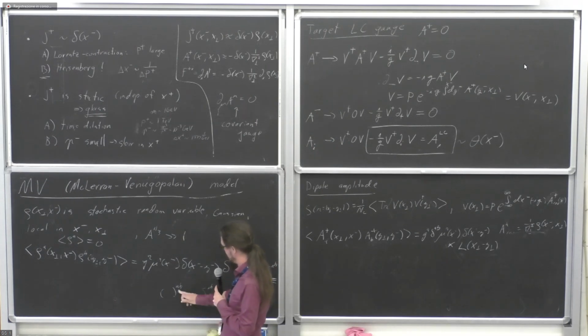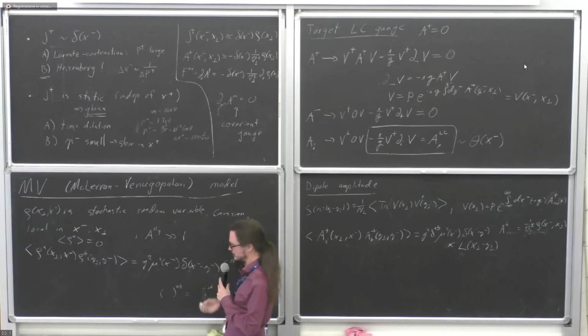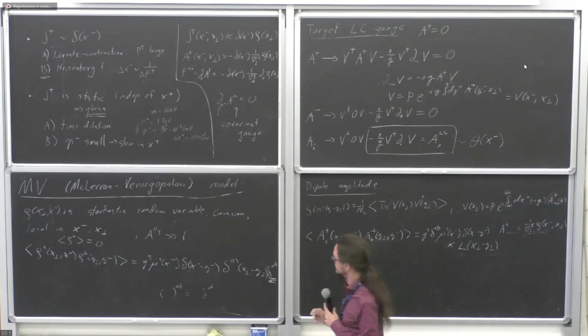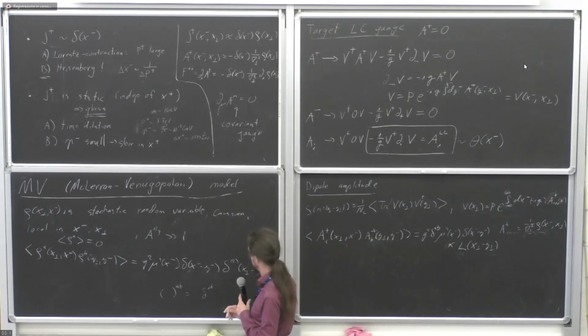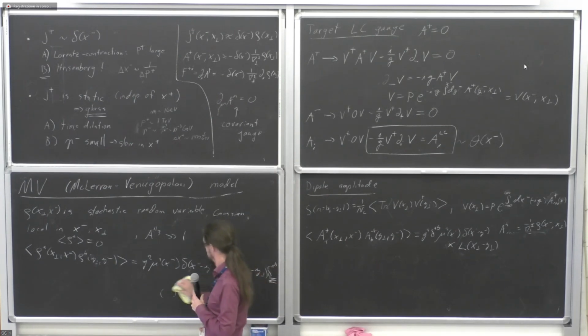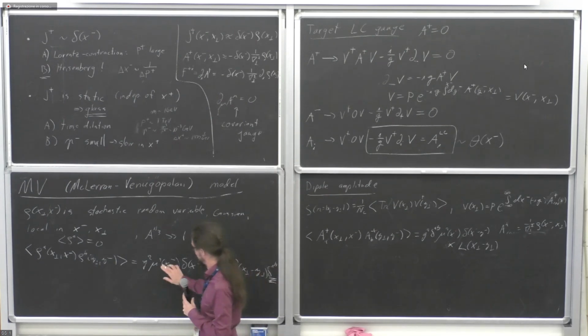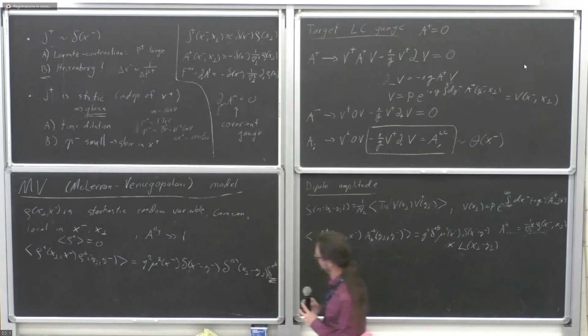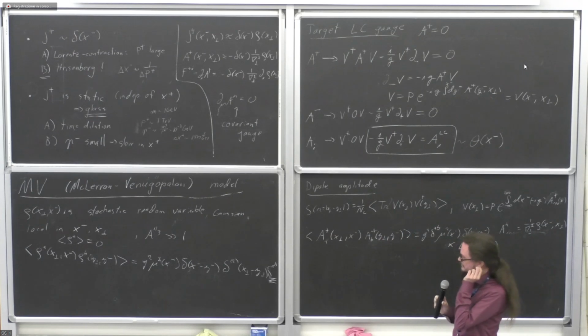This has to be symmetric. I thought this was an A, but it's not a mu. Oh, mu squared. Okay, sorry. Yes, mu squared. Good.